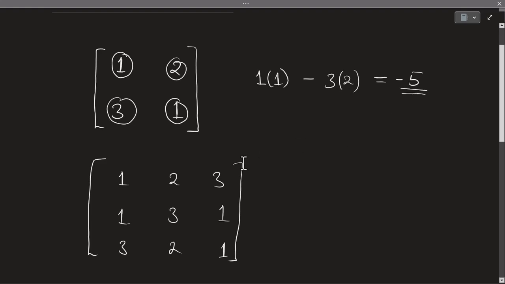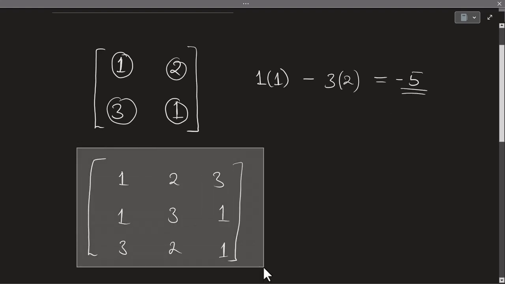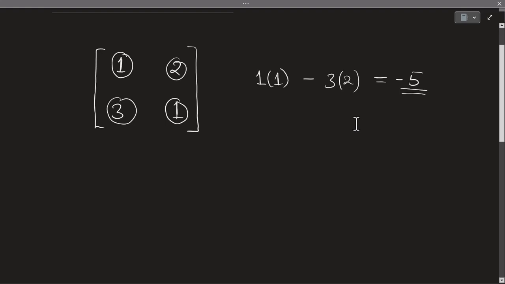In most cases, you will find that the way in which we find the determinant is symbolized in form of letters. So we can have a matrix with elements as letters A, B, C, and then D. The determinant of this matrix, we can also use some symbols. So if we say this is matrix A, when we want to find the determinant, we can write it using this notation.